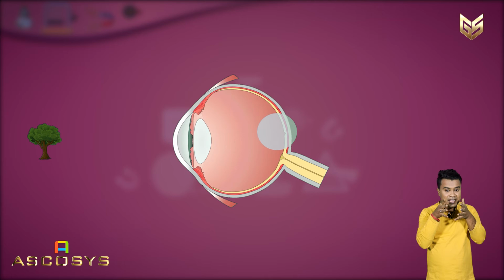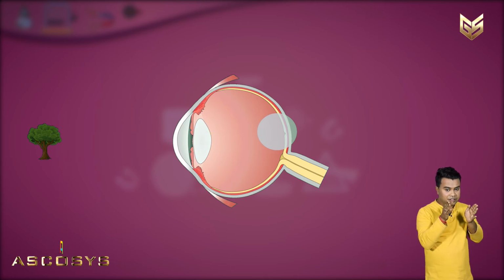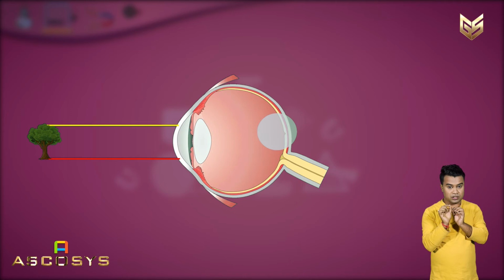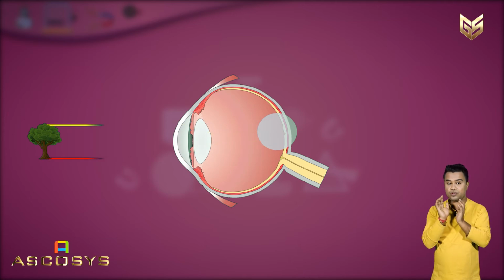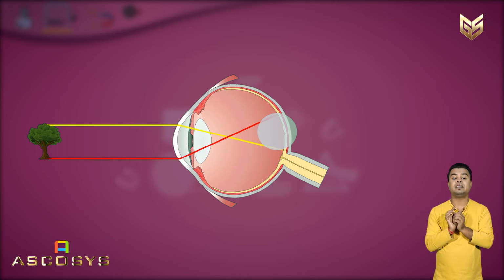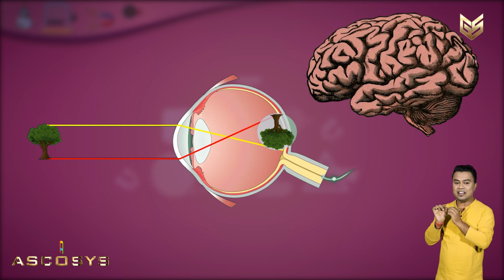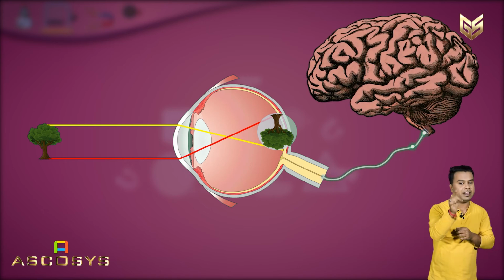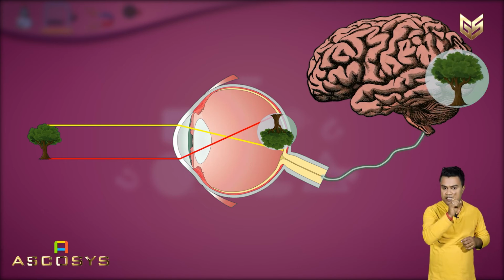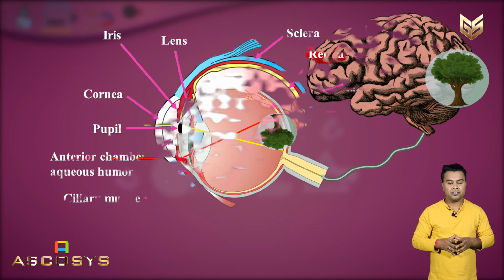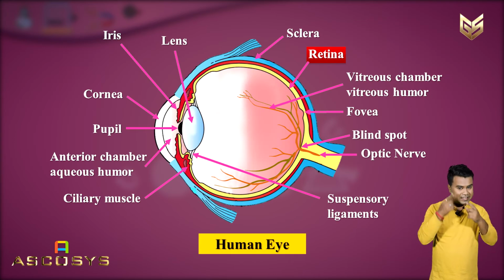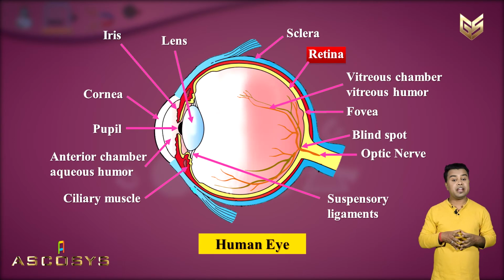Suppose you are seeing a tree. The tree will be collected by the rods and cones, that is, the photoreceptors at the retina. They will send a signal through the optical nerve to the brain, and the brain will say that yes, you are seeing a tree. Fine. The image formed by the lens on the retina will be real and inverted, as we have seen already.